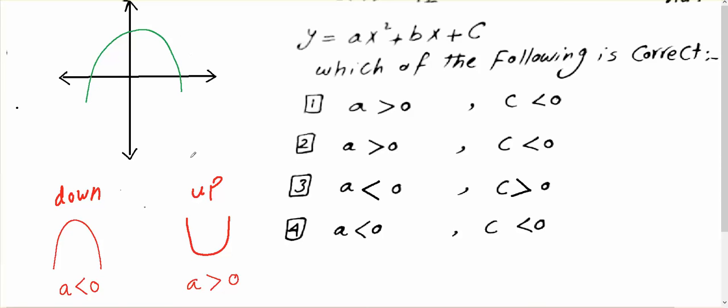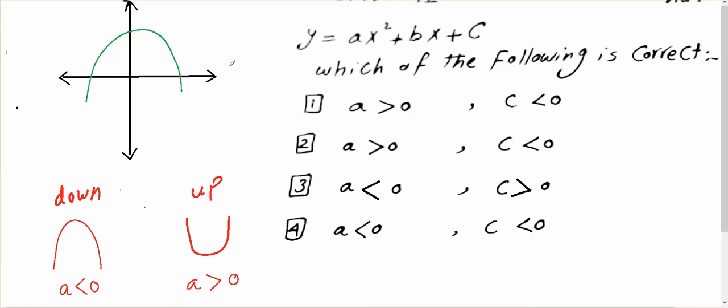And I think all of us know that if the curve opens upwards, that means that a, the coefficient of x power 2, is greater than 0. If the curve opens downwards, that means that a is smaller than 0. Here, the green curve opens downwards. That means that a is smaller than 0.